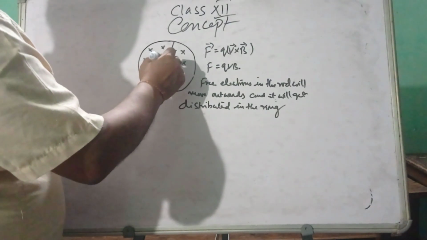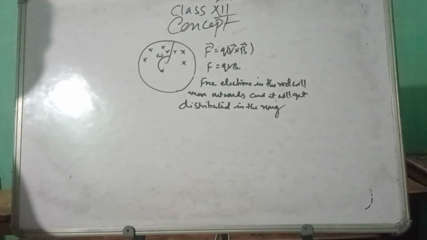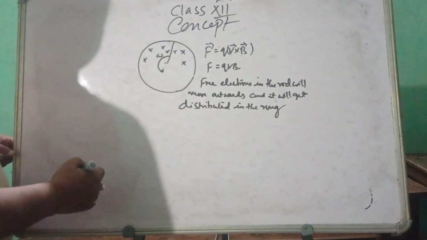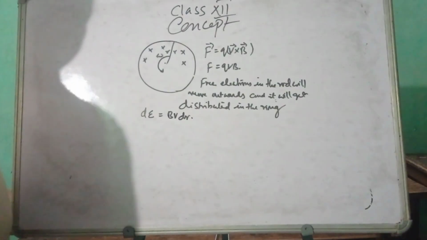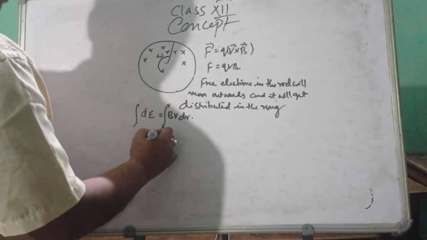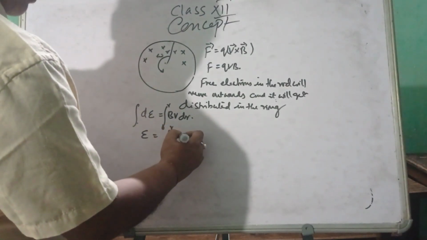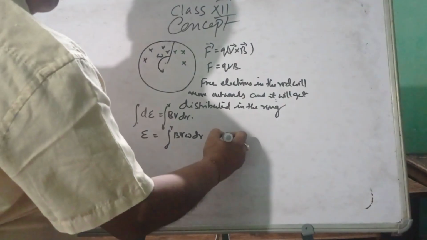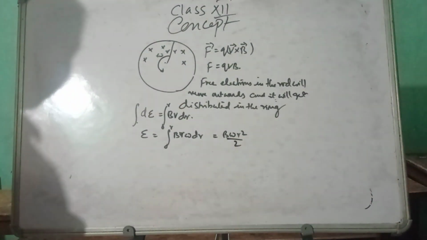Now what happened, an induced EMF is set up between the two ends, and this induced EMF is equal to B V dr, and if you integrate it from 0 to R, with V equal to r omega, so r omega dr, this will be equal to B omega R square by 2. This will be your induced EMF.